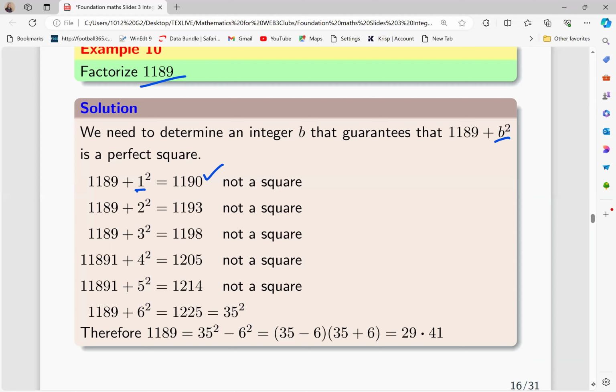Add 2 square, get that, which is not a perfect square. Add 3 square, you get this, which is not a perfect square. Then proceed until when you add 6 square, this is what you get, and its square root is a whole number. So this is a perfect square. It means you stop there.